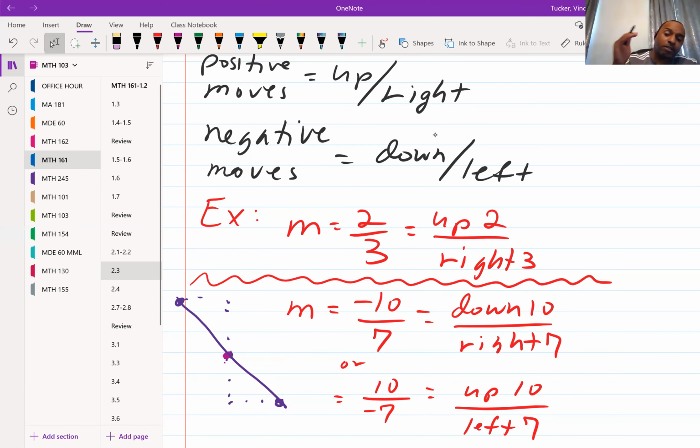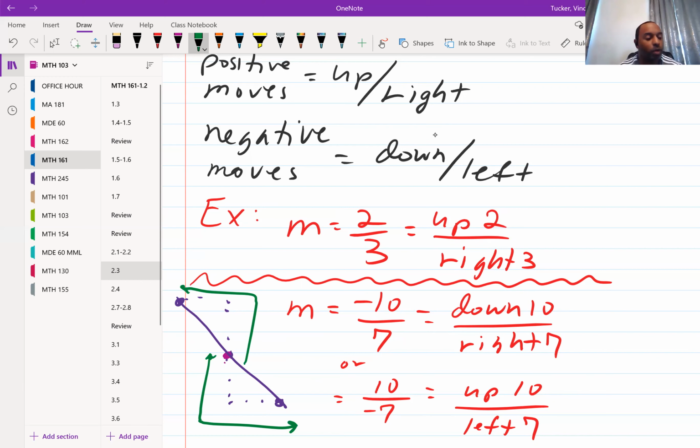Or I can do positive 10 over negative 7, but that means up 10, left 7. So if this is my point right here and I go down 10, right 7, I create that line. But if I go up 10, left 7, I still create the same line. All right. So it doesn't matter which one you do. You just have to make sure you don't give the negative to both.